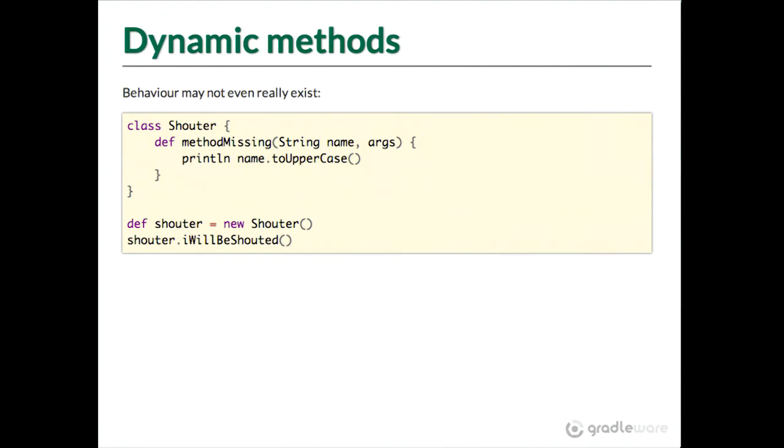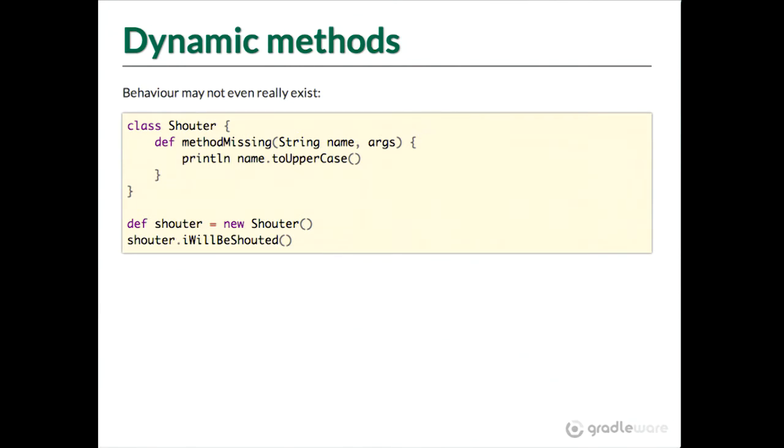And what this does is this method is called if I try to call a method on that class that doesn't exist. Because there are no other methods in this class, that's every method that I call on this class. So if I call a random method on this class and method missing is defined and that method is not, then method missing will be invoked with the name of the method that I tried to call and its arguments.